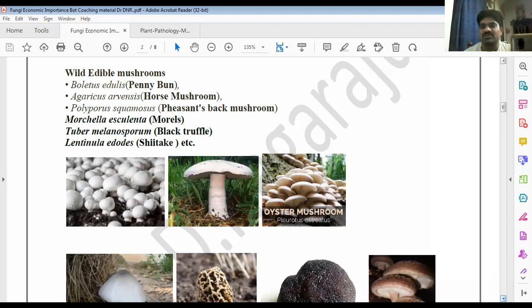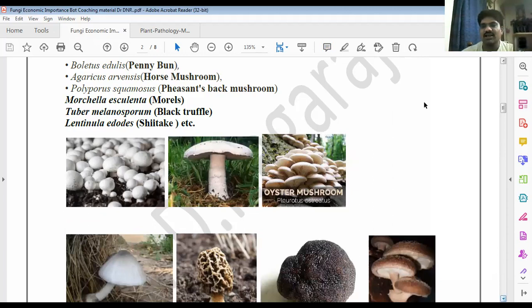But edible, useful mushrooms are very pale, light, white in color, so that we can easily recognize which one is poisonous and which one is edible.